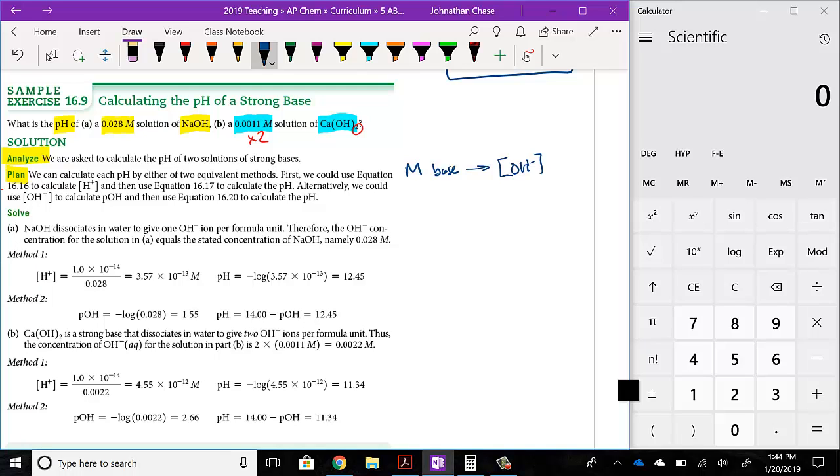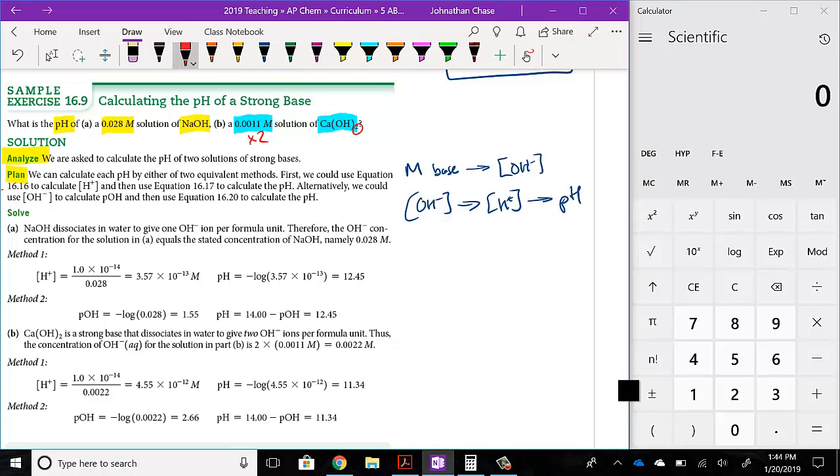Once we have the molarity of hydroxide, we can go from the concentration of hydroxide to the concentration of our hydrogen ion, then into pH.